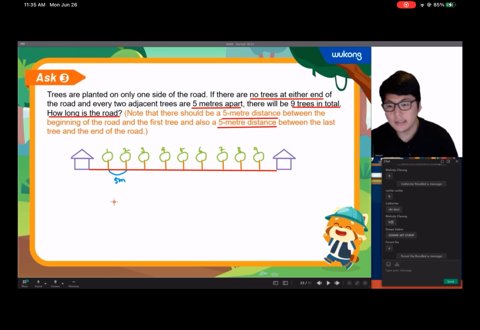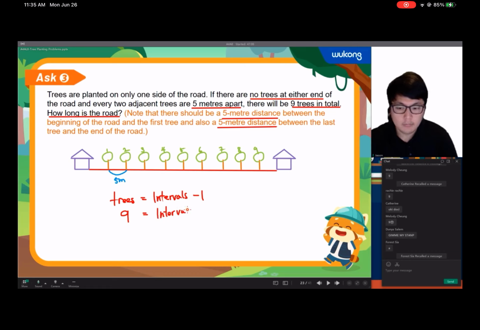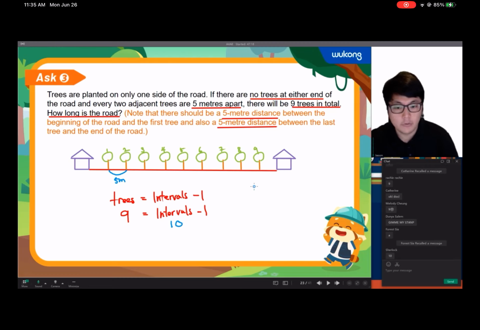Now guys, if it's no ends, we can do trees equals intervals minus 1. Now, we only know trees. 9 trees equals intervals minus 1. So what minus 1 equals 9? Well, obviously 10. 10 minus 1 equals 9. So that means we have 10 intervals.